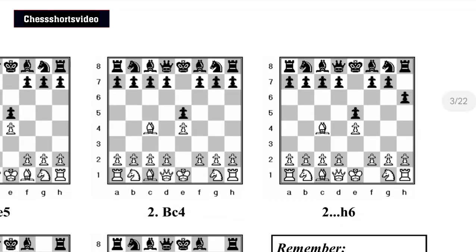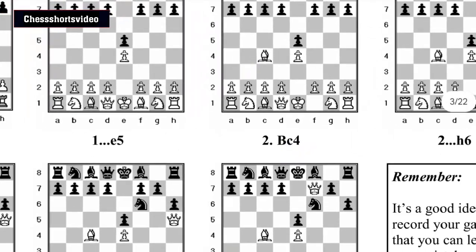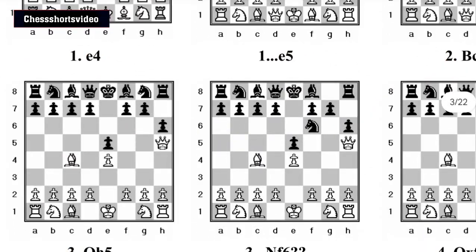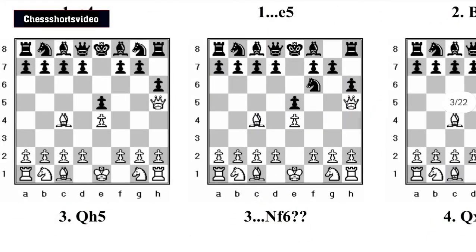Now h6. H6 is what your opponent actually plays with this pawn. He puts it in position h6, so this move is called the h6 move. Now suppose you start to play with your queen.